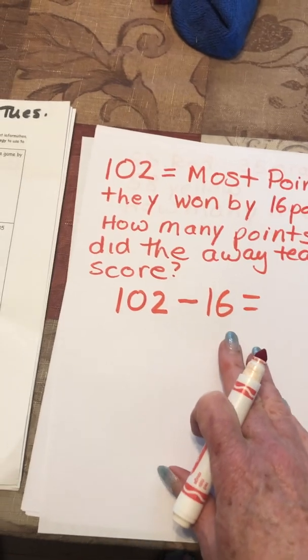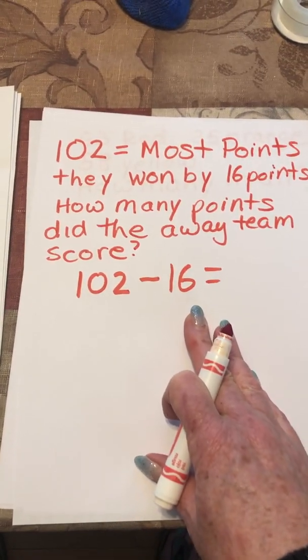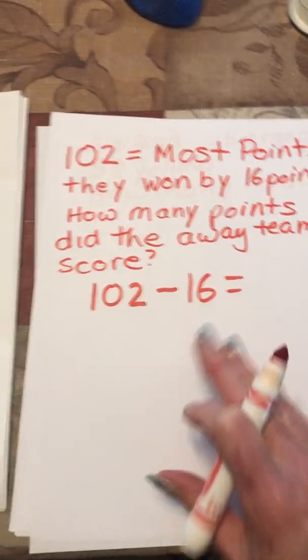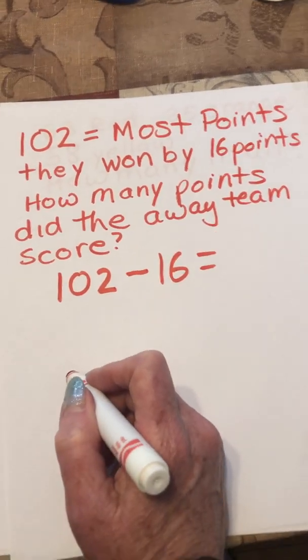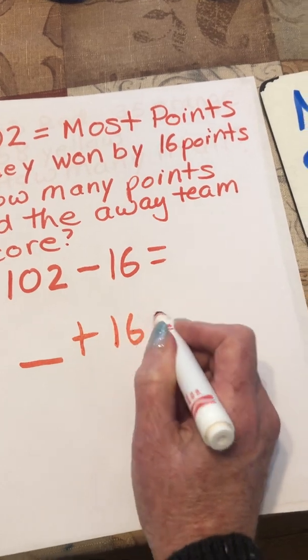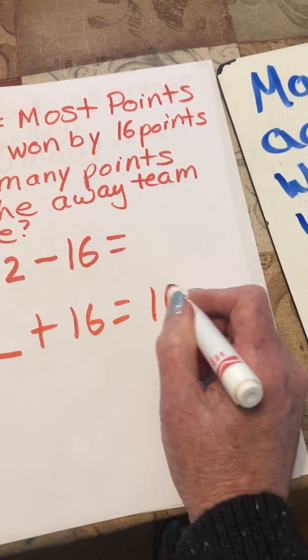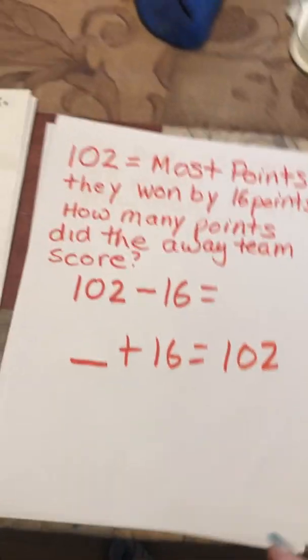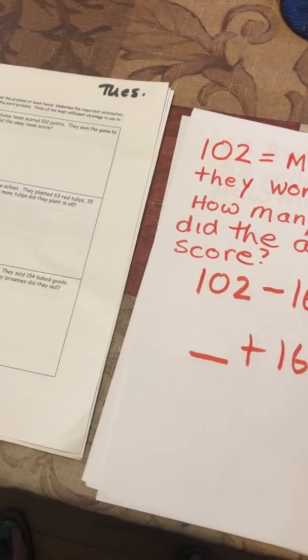That is the most efficient one. If you wanted to solve something plus 16 equals 102, that would also get you to the same place.